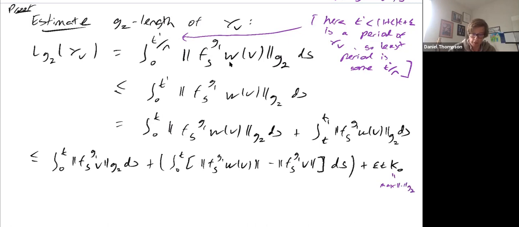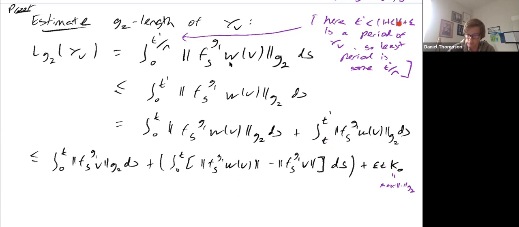Okay, so let's just explain this. This term I've just killed in a crude way. This is the change from t up to t prime, so it's not t1, it's t prime. Right, t prime is at most this number here, 1 plus epsilon t.